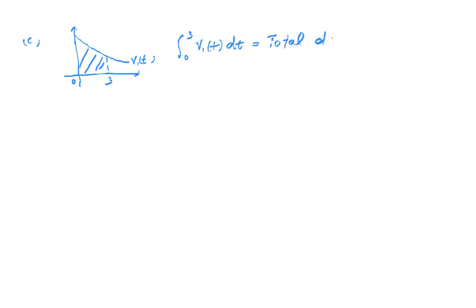When you talk about part C, since the graph of the lion is always above the t-axis, correct? Therefore, for part C, if I integrate from 0 to 3, V1(t) dt, I can say that this is the total distance.